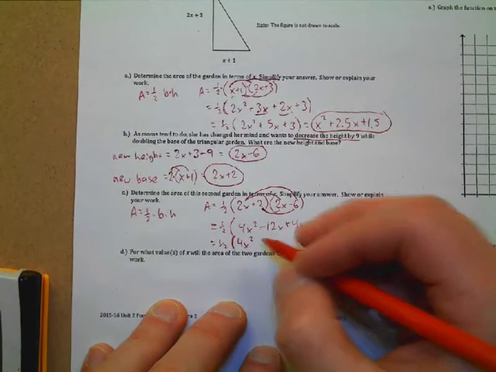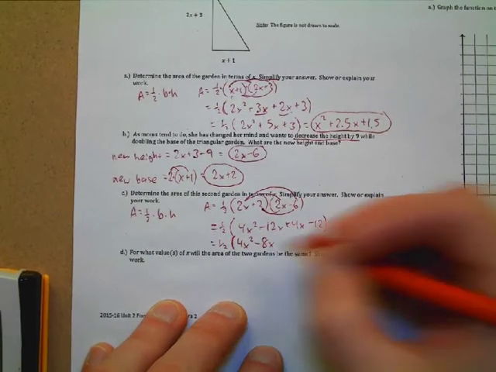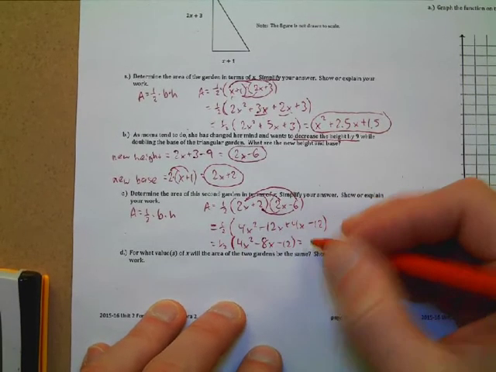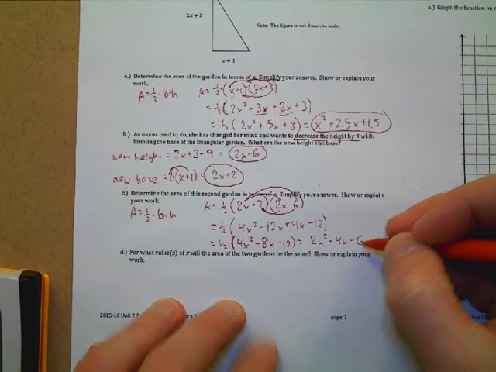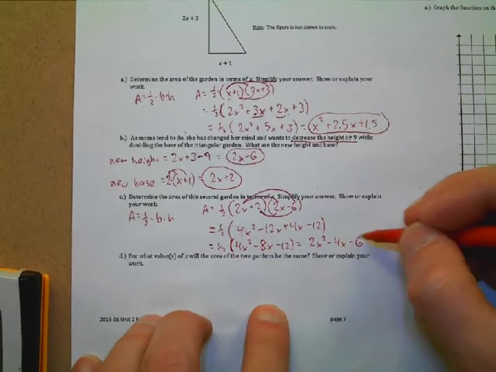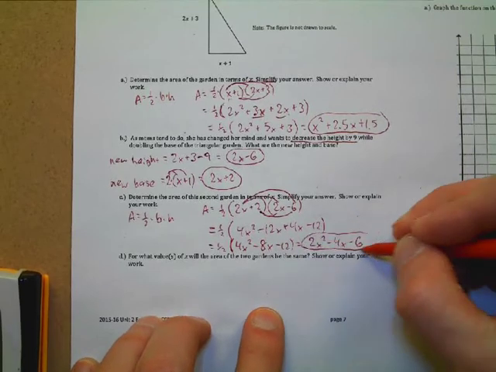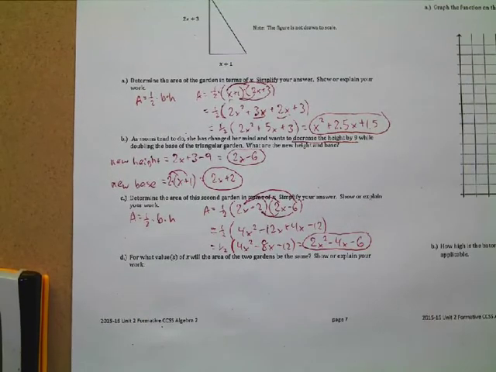So minus 8x and then minus 12 and then 2x squared minus 4x minus 6. When you take 1/2 of each one of these terms here, this is what our final area is. Okay, questions up to this point?